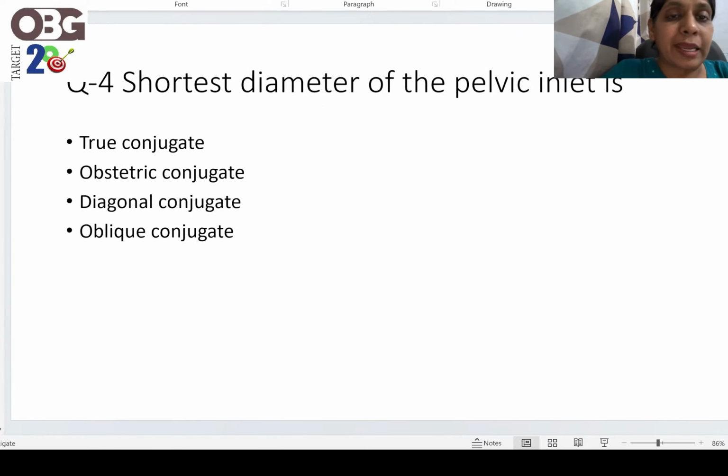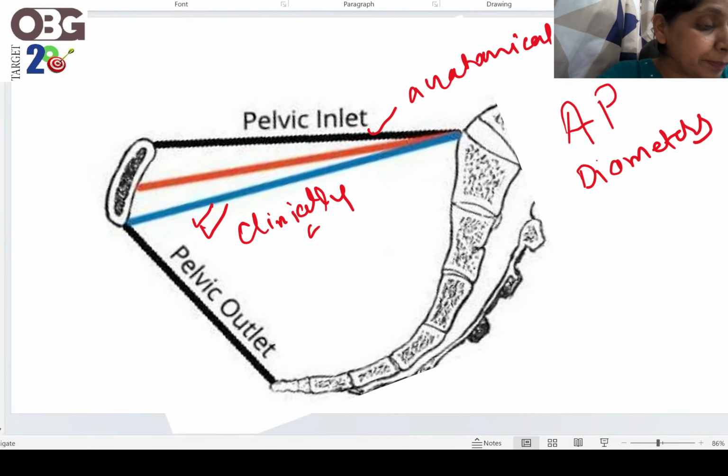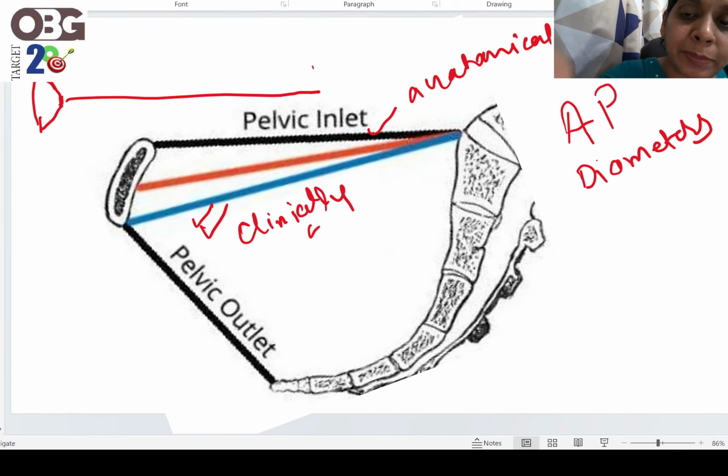The shortest diameter of the pelvic inlet: you should know that the pubic symphysis is not as simple as shown. Posteriorly it is enlarged in the middle part. Behind it is the tip of the sacral promontory, so it is elevated in the mid.